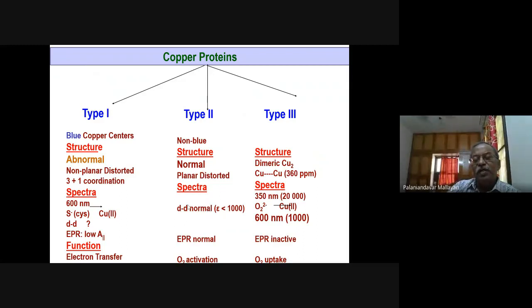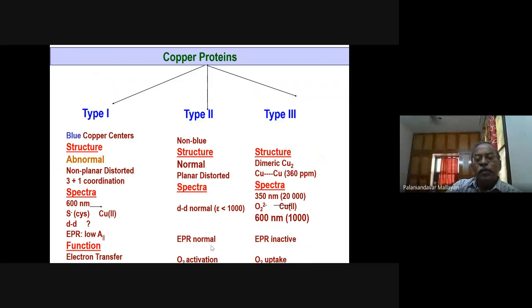They have normal spectra, so the EPR spectra will also be normal. The g parallel will be in the range 2.200 to 2.400. There is a wide variation. That's again another interesting aspect about EPR spectroscopy as applied to these type 2 copper proteins.